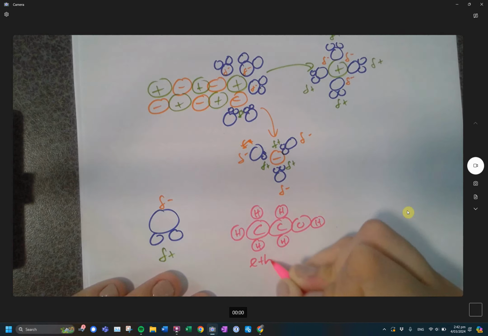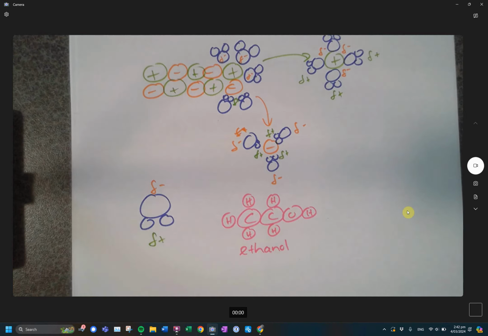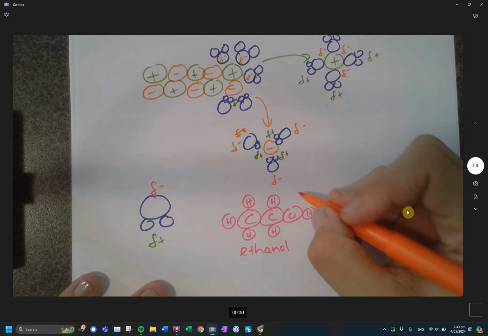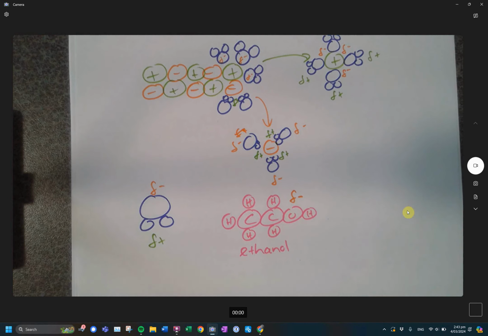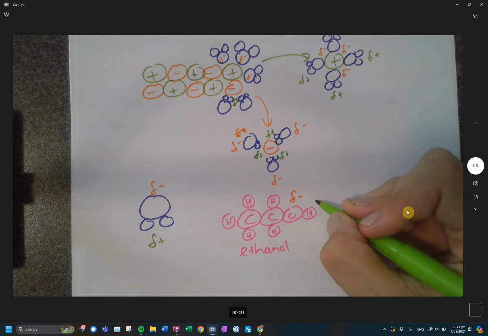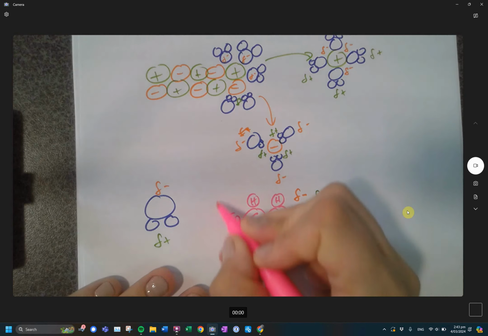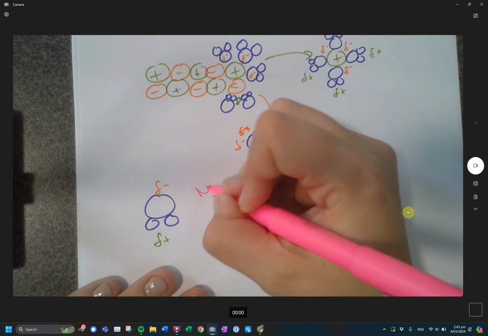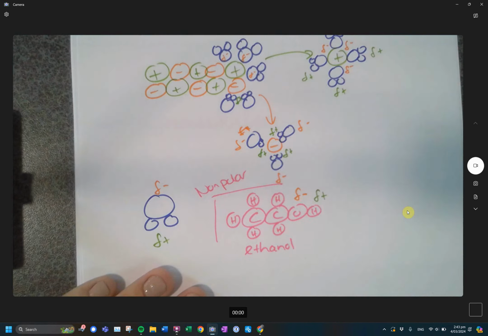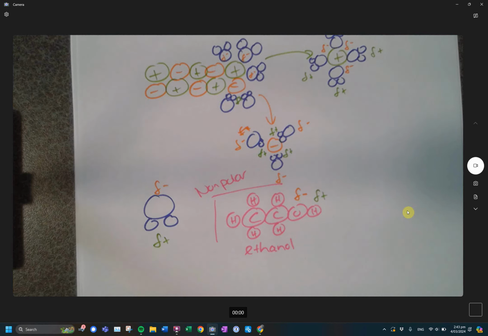So this was ethanol. And if you guys remember, there was some solubility with ethanol. It wasn't a whole lot. So ethanol does have some solubility. It is slightly negative where the oxygen is. It is then slightly positive on the hydrogen, but it's not as greatly polar as compared to water, because you have this tail here that's basically nonpolar. So when we're talking about something that is nonpolar, we're talking about something that doesn't have charge.